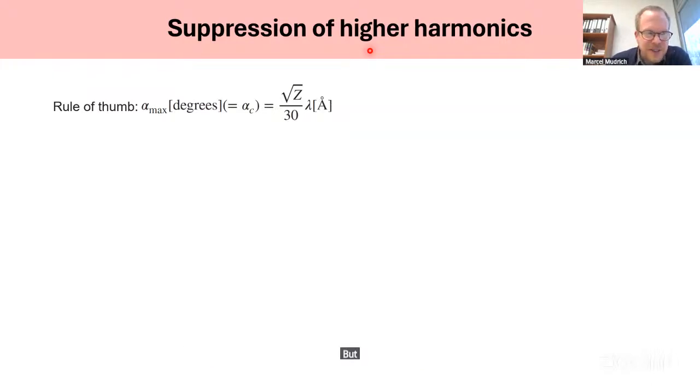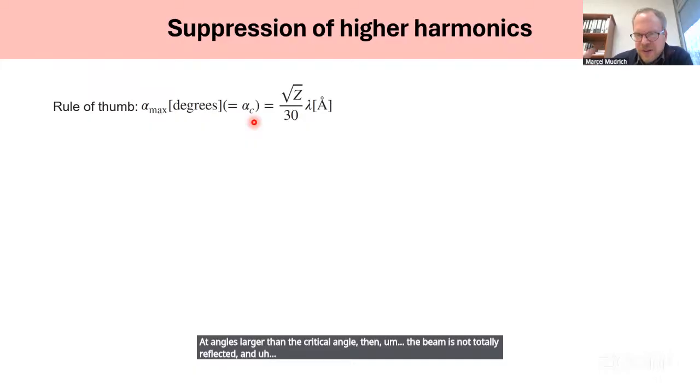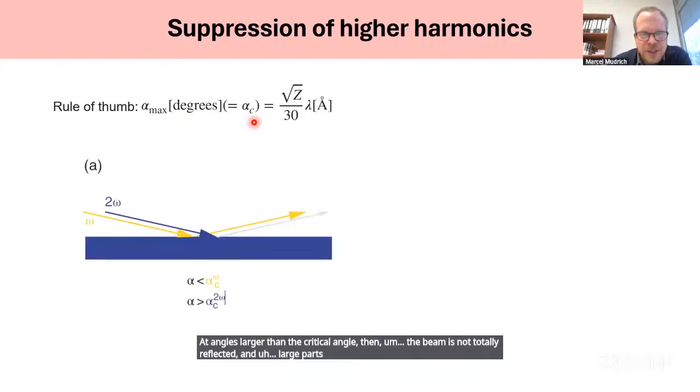But in the X-ray range, there is one thing that helps us. Remember, total external reflection occurs for angles smaller than the critical angle, but at angles larger than the critical angle, the beam is not totally reflected, and large parts of the beam get absorbed.